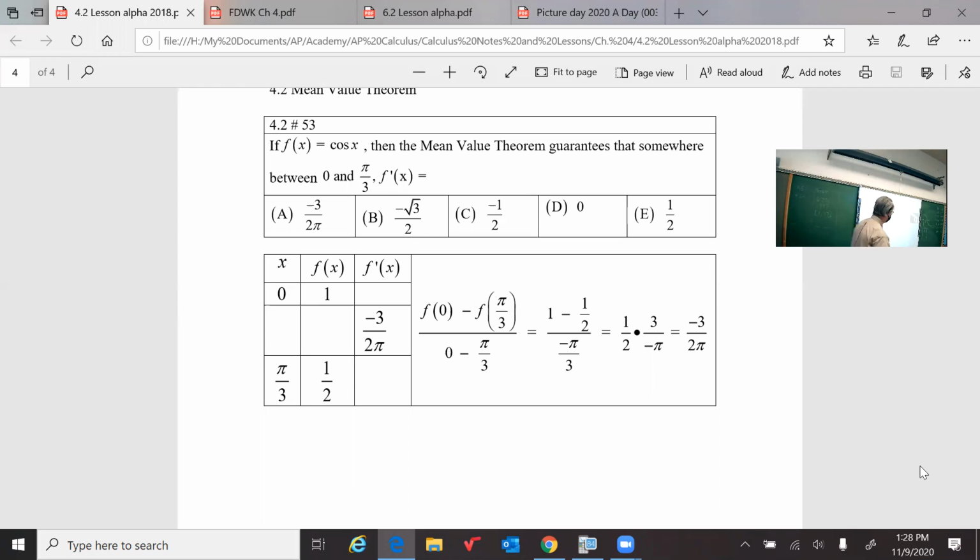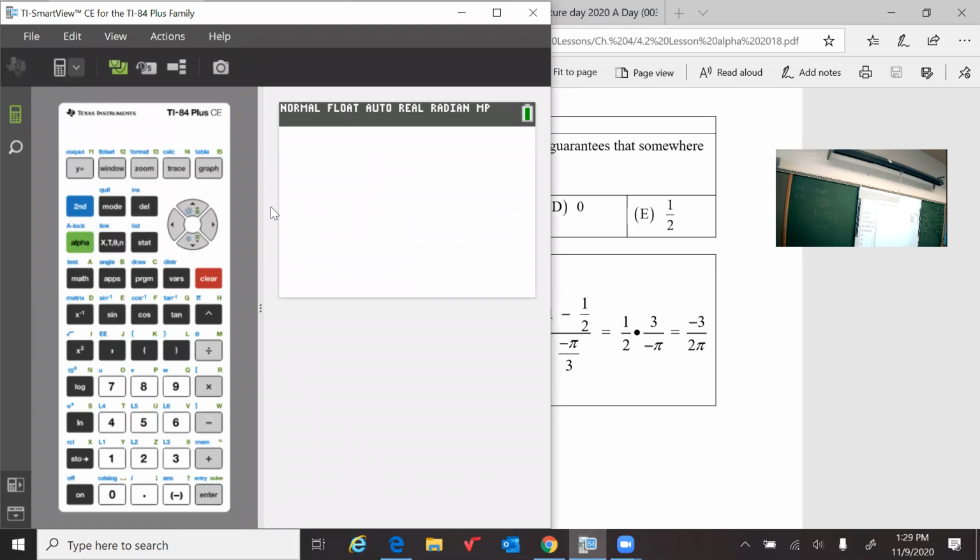What happened there? This is the what? There's some value in that interval where the derivative of cosine equals negative 3 over 2 pi. The instantaneous change is also the derivative of the cosine. What's the derivative of the cosine? Negative sine. So at some point, ready, the negative sine has to be negative 3 over 2 pi.